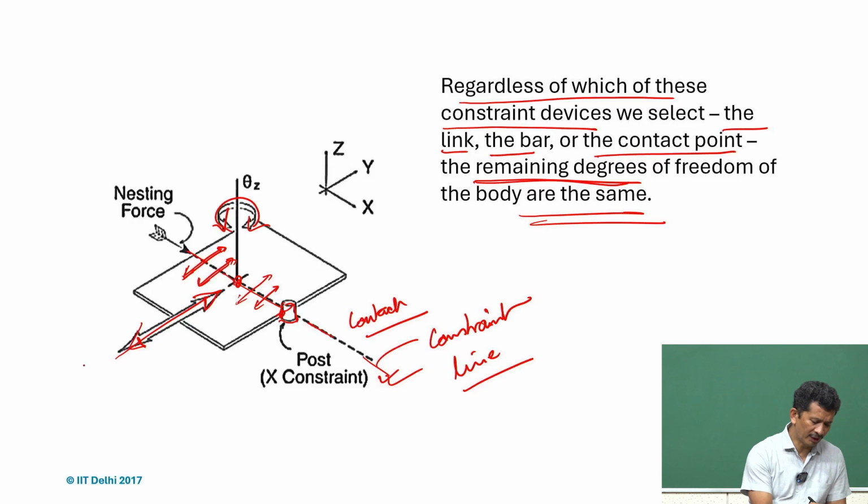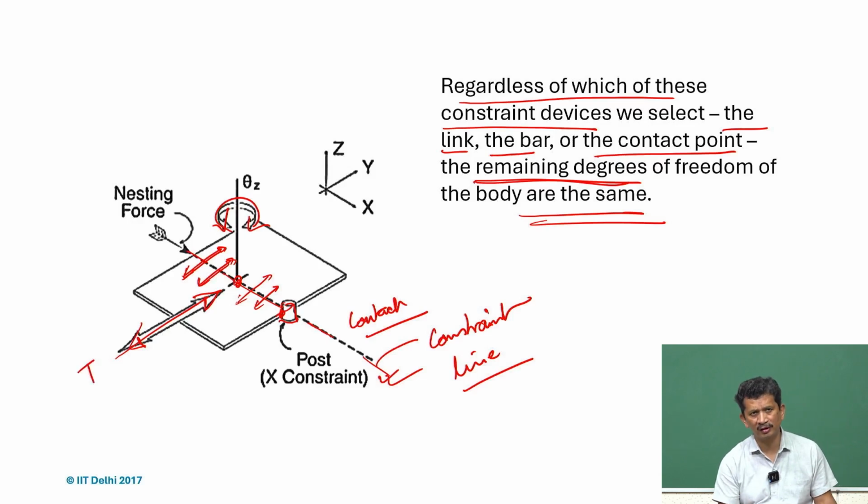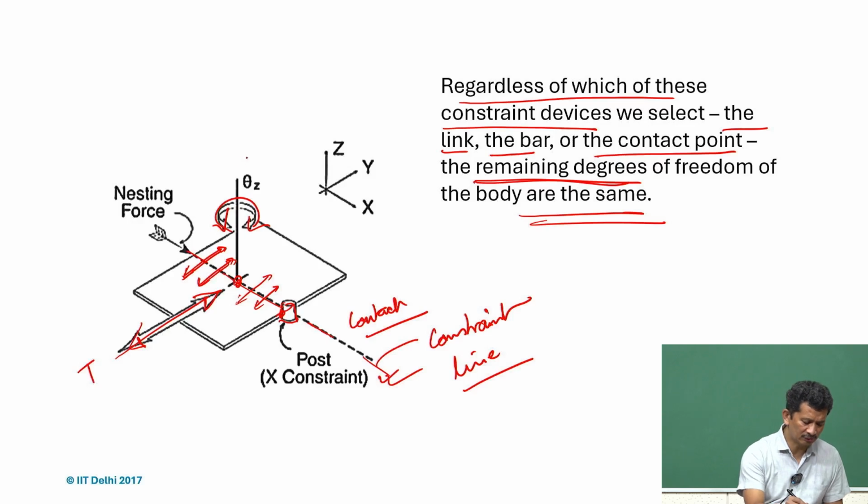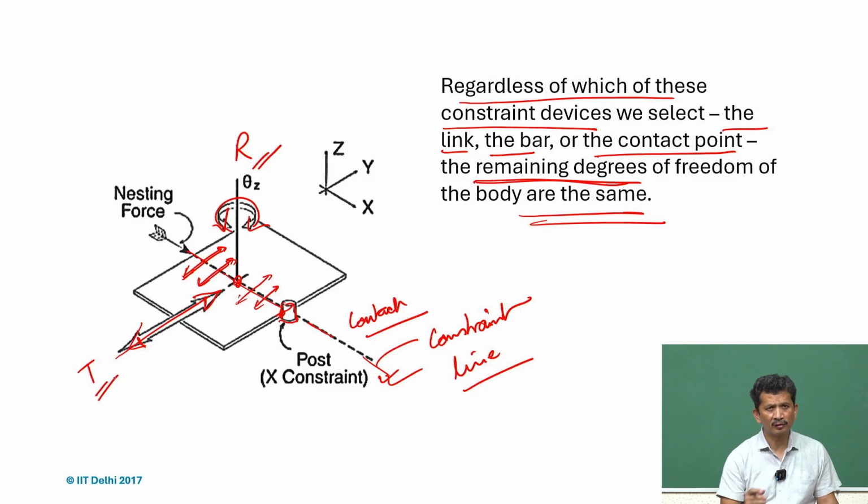So, it is very important that this translation perpendicular to the constraint line and the rotation along the perpendicular axis passing through any point on the constraint line will be possible.